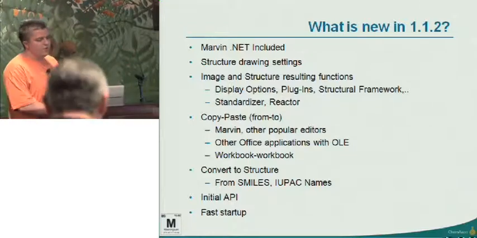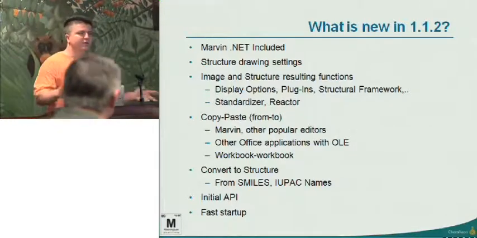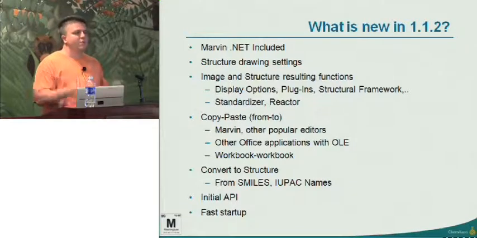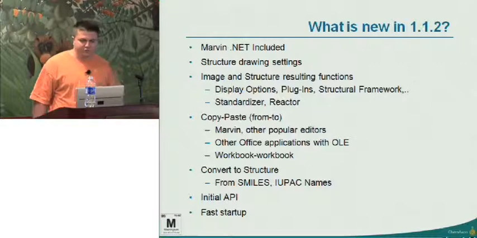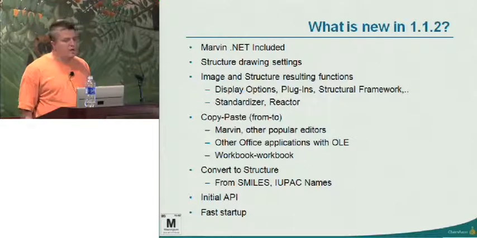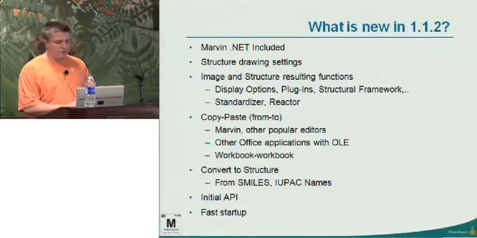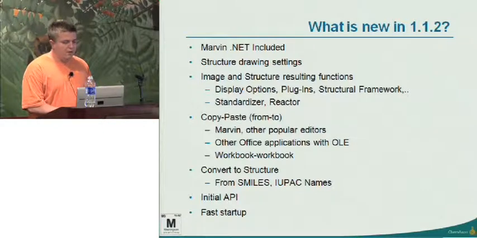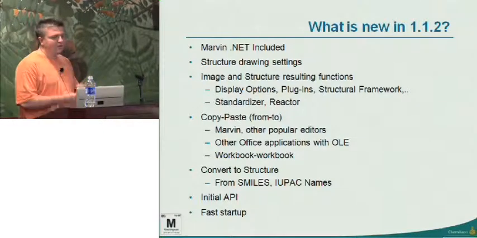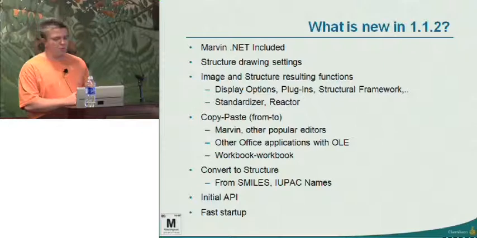The second point, we included the structure drawing settings or drawing options, basically the same options that you can find in MarvinView and MarvinSketch. As I mentioned, the image and structure resulting functions, we improved and added new features to the copy-paste.